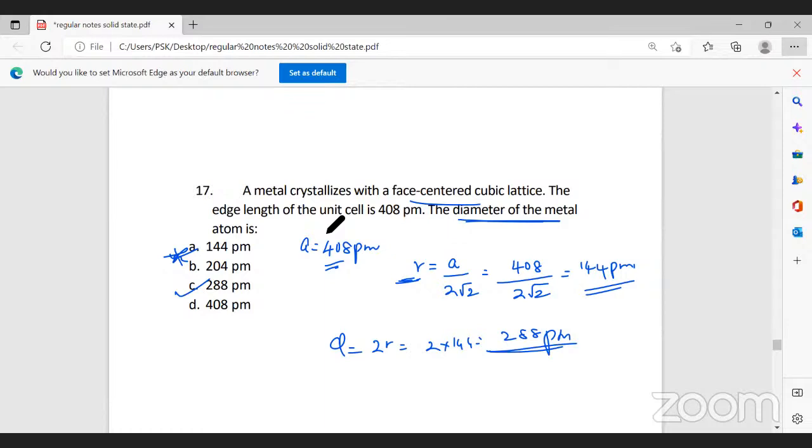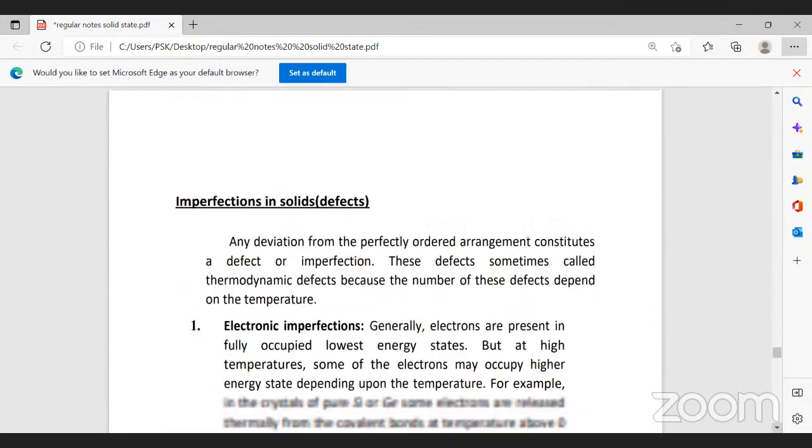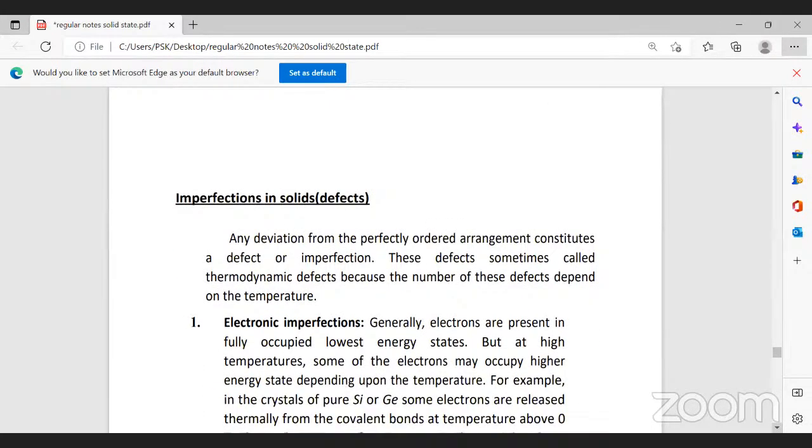Yes. There are a number of questions you can work based on these chapters. I have worked all types of questions possible based on crystal structures: predicting the structure, calculating the density, calculating the edge length, calculating the radius, or finding the coordination number.